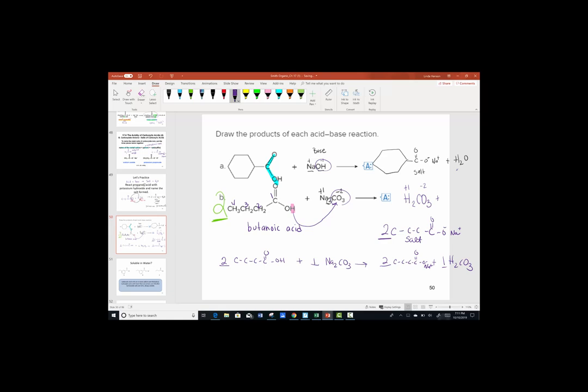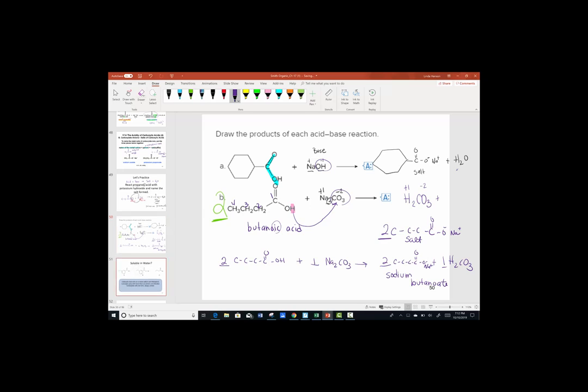We can practice naming this. Butanoic, the ic turns to ate, and the name of this salt would be sodium butanoate for the salt name.